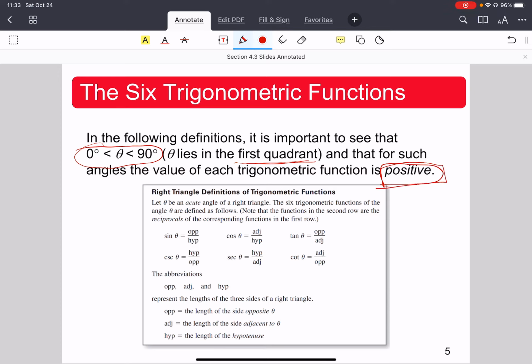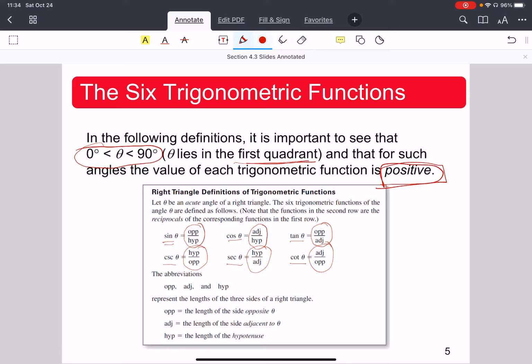We define these in the table: sine is opposite over hypotenuse, cosine is adjacent over hypotenuse, tangent is opposite over adjacent, cosecant is hypotenuse over opposite, secant is hypotenuse over adjacent, and cotangent is adjacent over opposite.